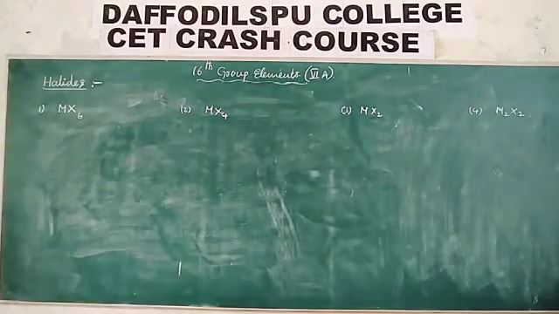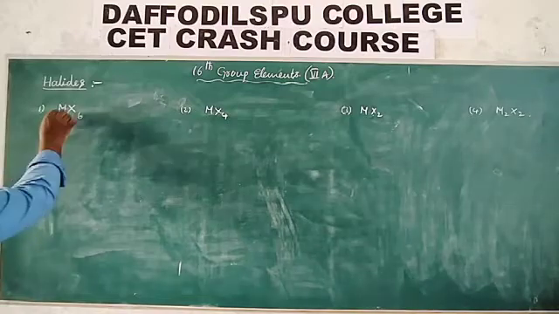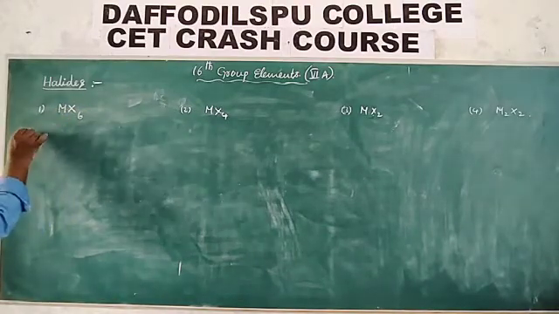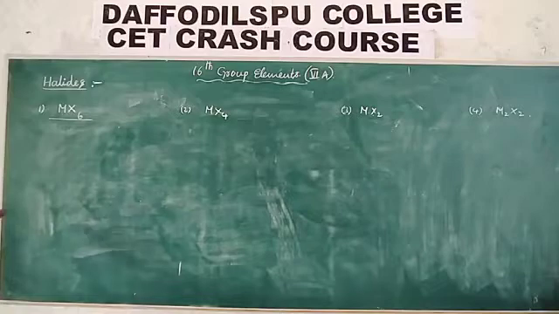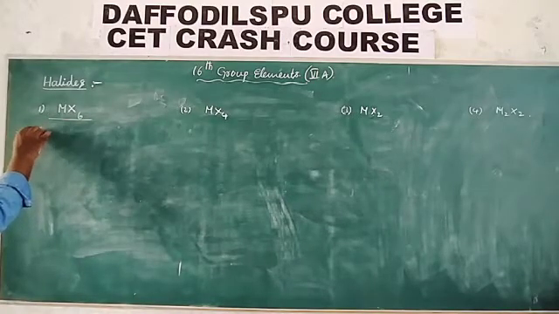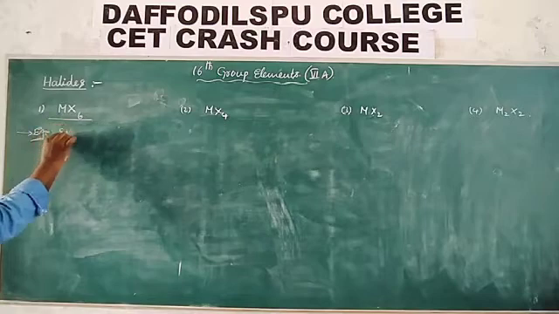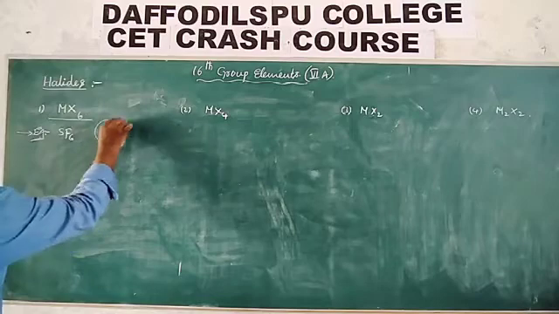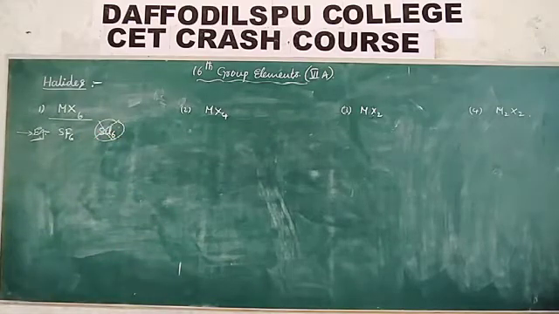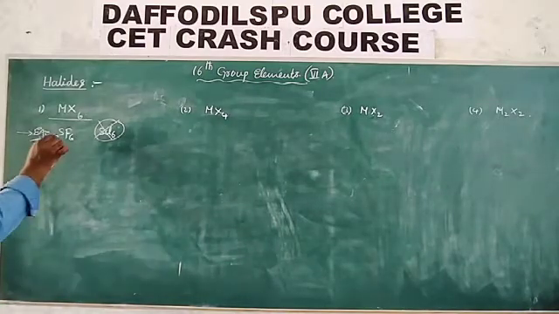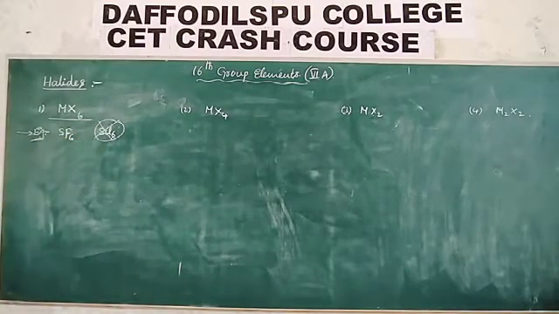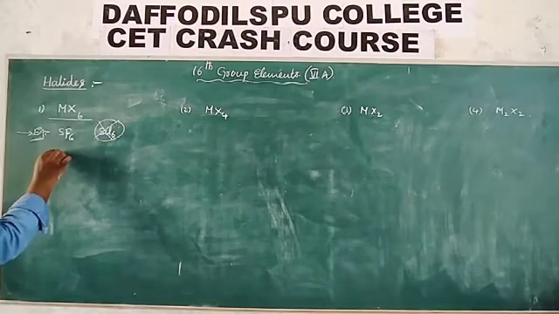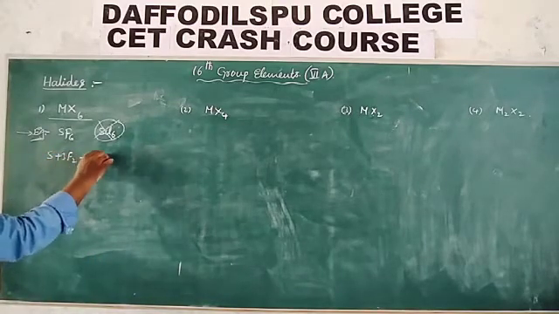So these are the different types of halides formed by the 16th group elements. I am taking MX6 type of halides first. Example for MX6 type is SF6. SCl6 is not possible due to steric factors. SBr6, SI6 are not possible. Only SF6 is possible. It is formed by direct reaction between sulfur and fluorine.